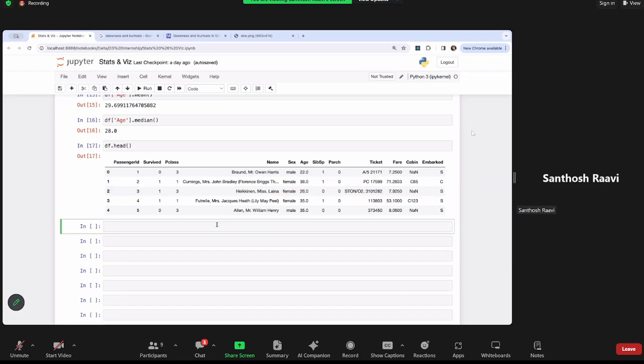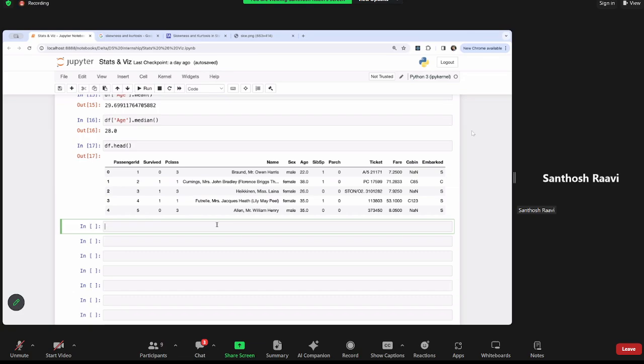Clear, guys? So how to plot the distribution, and how to analyze the distribution? Any questions? Yes, guys, any questions?